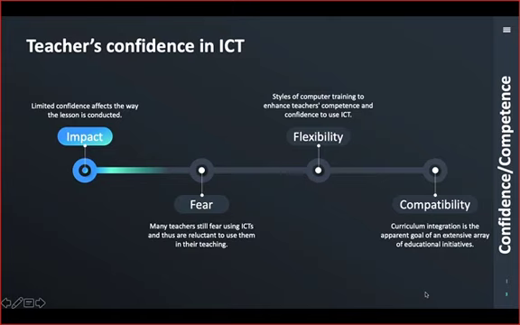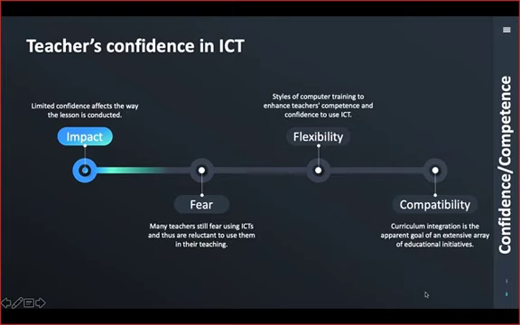And you see, I've made four major elements when it comes to confidence: the impact, the fear, the flexibility, and the compatibility. The impact of ICTs, in the perspective of trusting this new concept that comes to be incorporated in teaching, gives some limited confidence to the teacher, and the way they are going to lead their lessons.